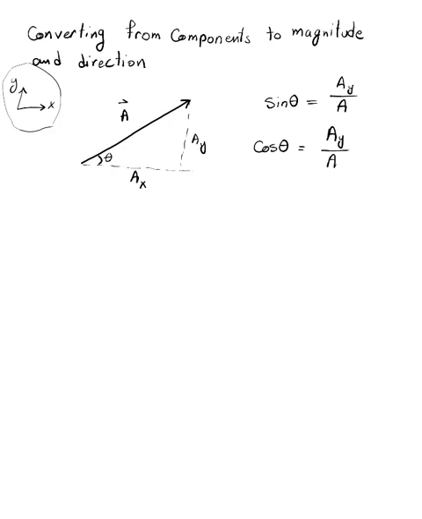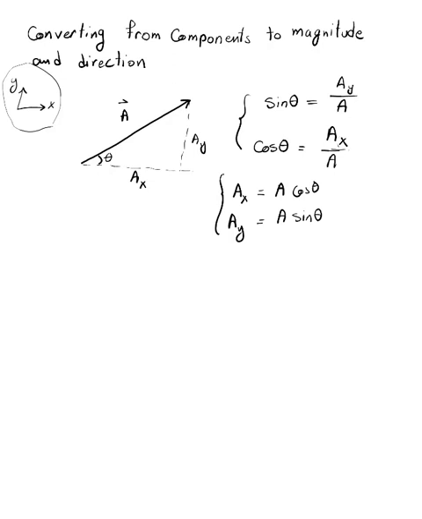So if I rearrange this, sorry, this is the adjacent, right? I'm going to rearrange for the x and y components, and I'm going to get exactly what we derived on the previous page. So this is a cosine theta and a sine theta.